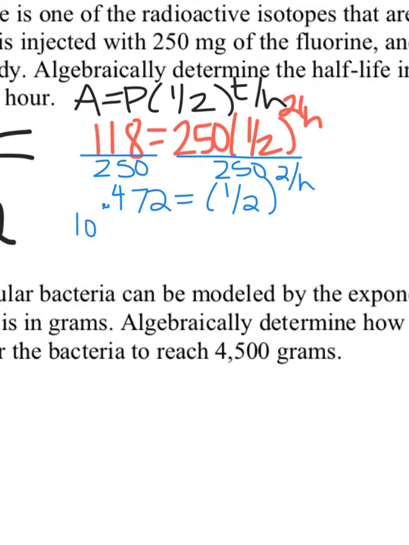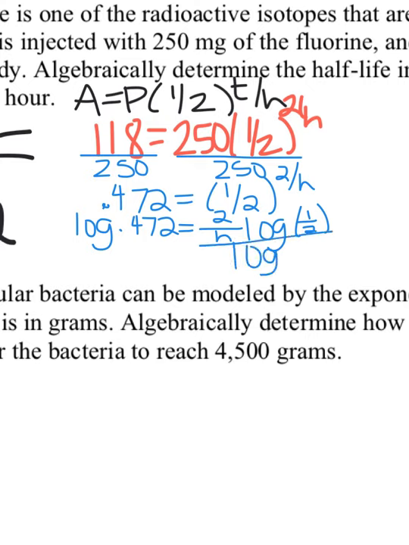I take the log of both sides. Log of 0.472 equals 2 divided by h, log of 1/2. Divide by the log of 1/2.